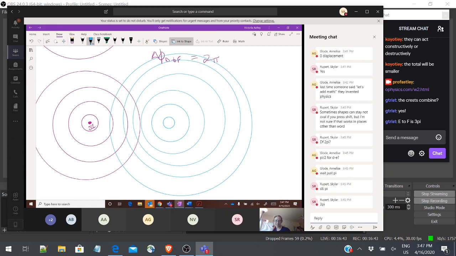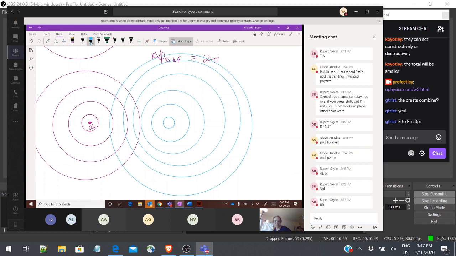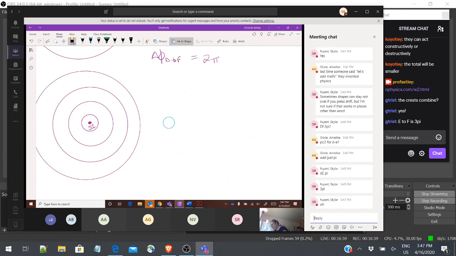Okay. Pretend those are, this is really bad. They're supposed to be the same wavelength. So I'm going to try to make them.